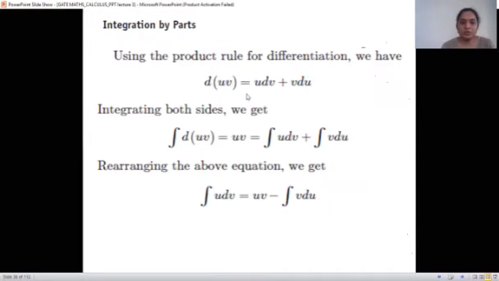Taking integration on both sides, integration and derivative get cancelled, so it is just uv, equal to integration of u dv plus integration of v du. From this we get integration u dv is equal to uv minus integration v du.